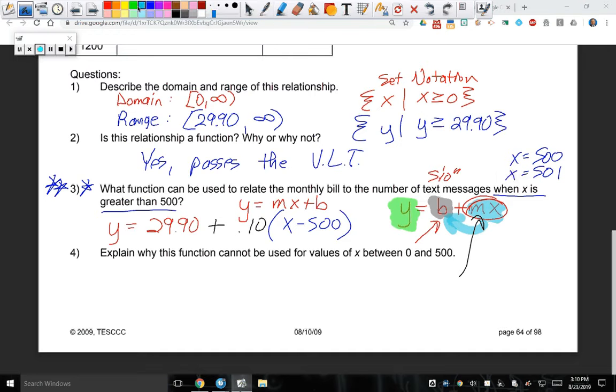Because look, if x equals 500, what does this equal? 0. And if I multiply that with 10 cents, what would this equal? 0. So at 500, I'm at 29.90.